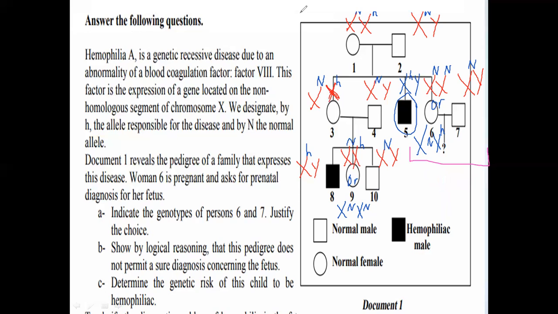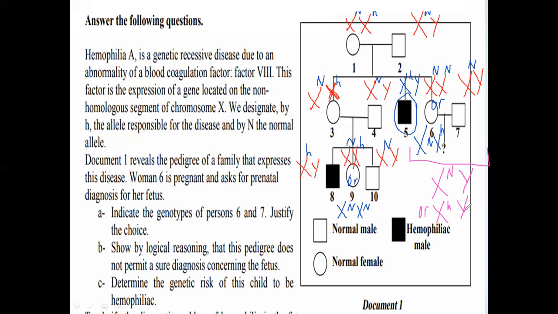Why? Because as a male, he will inherit the Y from the father. He will be either XNY or XHY, and here he will be affected. So this pedigree doesn't allow a sure diagnosis. Why? Because the fetus can be either male or female. If it's a female, it's 100% normal, but as a male, it can be normal or affected.